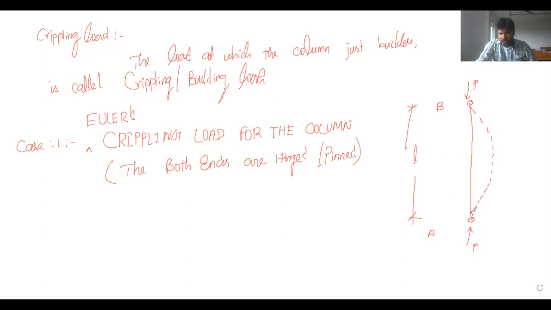Here, consider a section at distance X from the point A, so that the deflection at X we are going to take as Y. These things we have to write down.